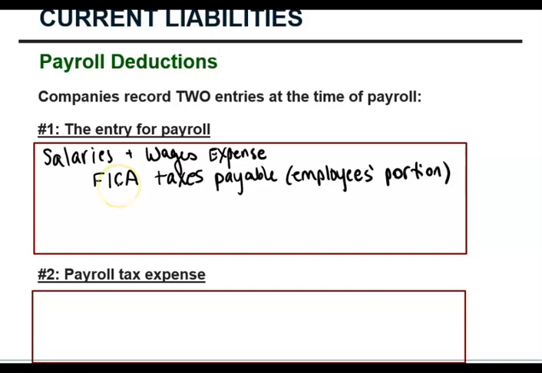The company also needs to withhold the necessary federal and state taxes on behalf of the employee. They're going to record that into an account called withholding taxes payable.